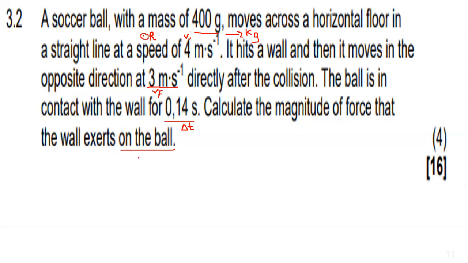And we need to then use values of the ball because we are interested in the force that is acting on the ball. And nicely so, we are required to get the magnitude. Are we clear? In other words, even if we don't show direction, then we'll still get a mark.